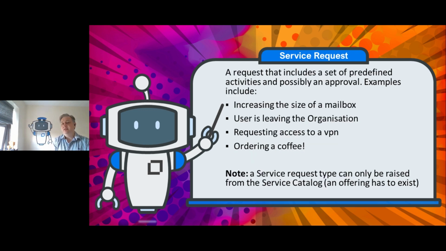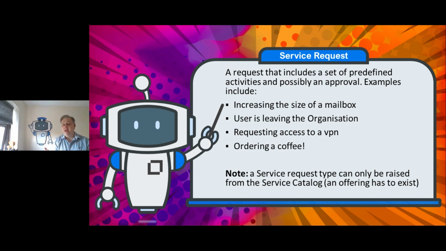When we think about a service request, that's typically your predefined activities and possibly requires some kind of approval. So it's something where someone's asking for something potentially new or asking for a change. They know what they want. Or maybe they might not know what they want, but you know how best to give them what they need.